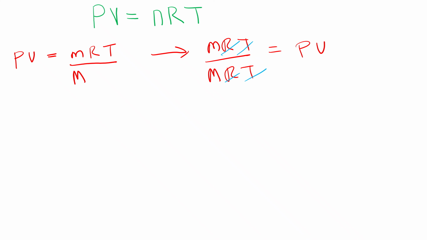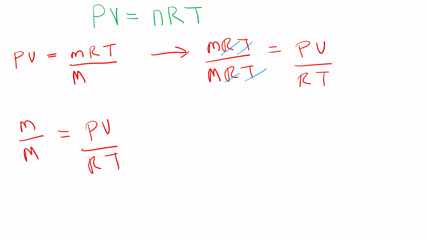But then we must also divide by R and T on the right-hand side of the equation. So we are then left with lowercase m for the mass of the sample over molar mass is equal to pressure times volume over ideal gas constant times temperature.